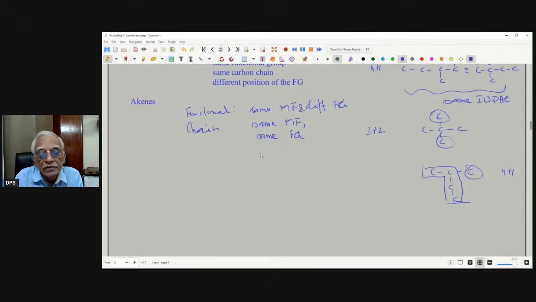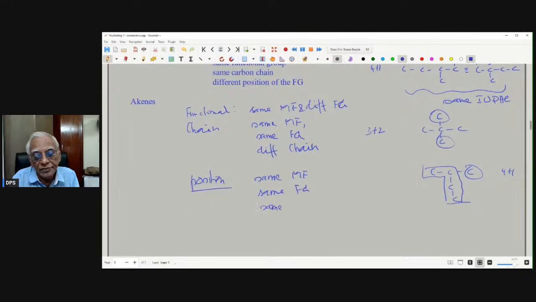And different carbon chain. In the case of position isomerism, what we are going to discuss now, it has the same molecular formula, same functional group, same carbon chain, and different position of the functional group.